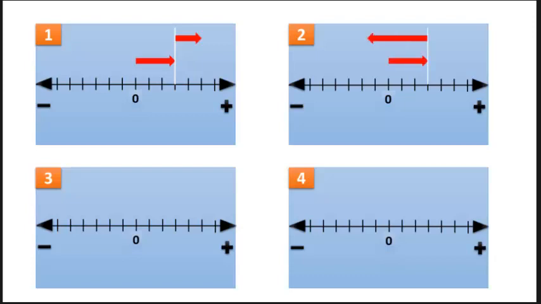The third type, you start with a negative number and you make it more negative. The fourth type, you start with a negative number and you make it more positive. The key to getting the right answer to the problem is to figure out which of these types you are dealing with.